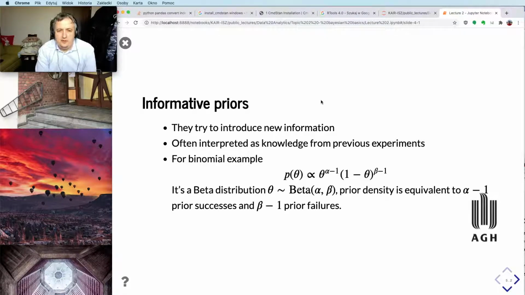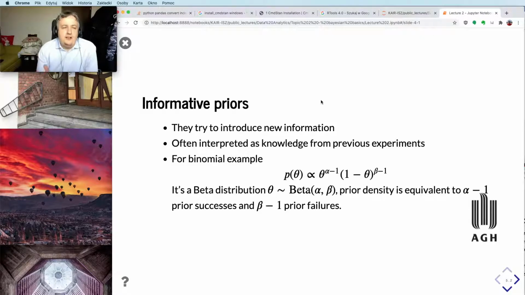inferences. For example, in the case of the binomial example, we can use just a beta distribution, where we know that previously we had alpha minus 1 successes and beta minus 1 prior failures. So having that, we can just add the additional prior of what we knew before.